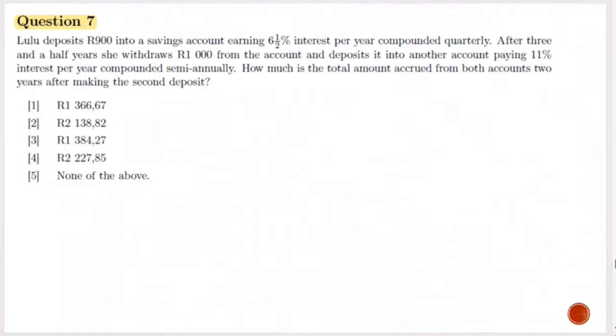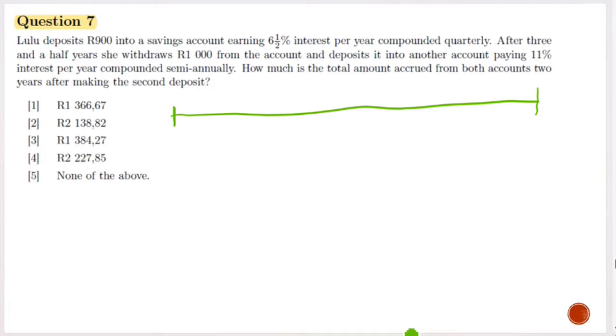I'm going to have a timeline here. Lulu deposits into an account. This is your present value. There are 2 accounts here, and I'm going to read the one for the first account.